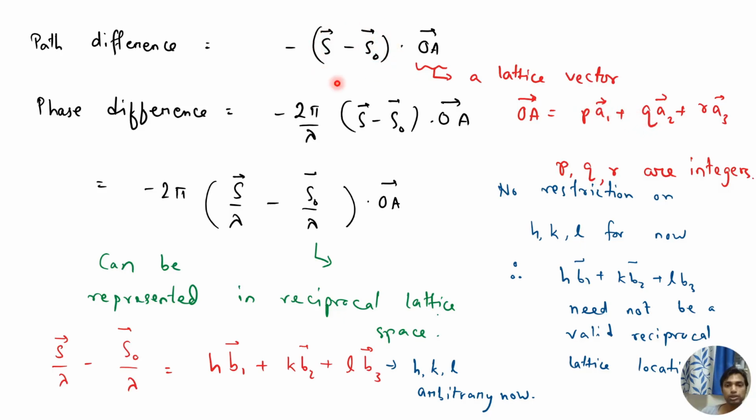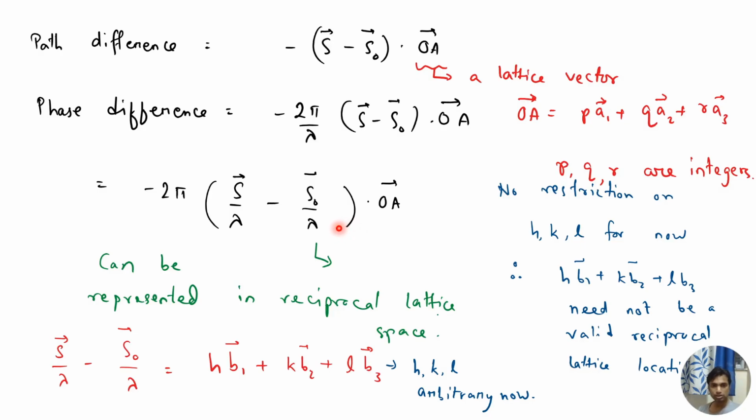We still don't know what this S and S0 are, but if this path difference has to be converted into a phase difference, we just have to multiply by 2 pi by lambda times this path difference. So it is nothing but 2 pi by lambda times this path difference, and this lambda, if you take it inside the bracket, what you have is minus of 2 pi times S by lambda minus S0 by lambda dot OA.